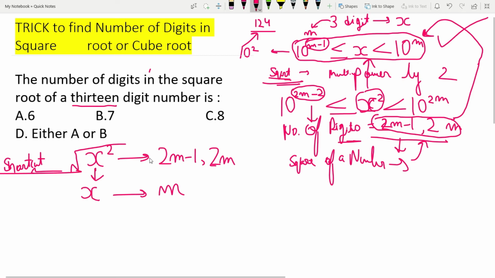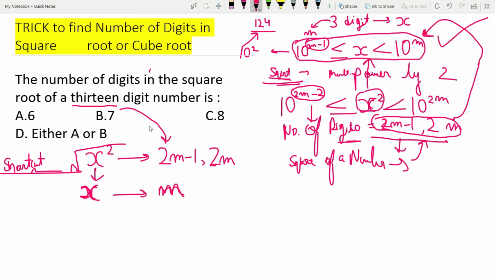So now we have the square root, which is x, and x has m digits. These 13 digits are the digits in the square, the original number, and now we need to find how many digits are in its square root, that is the value of m.